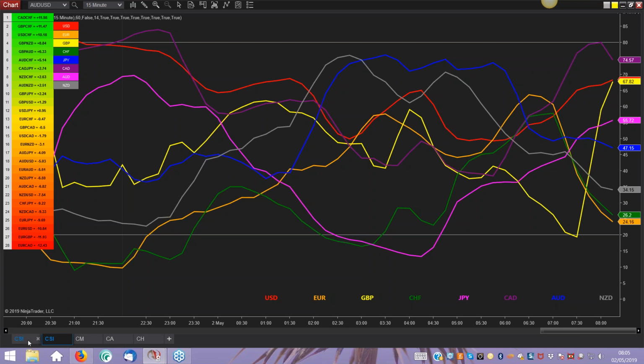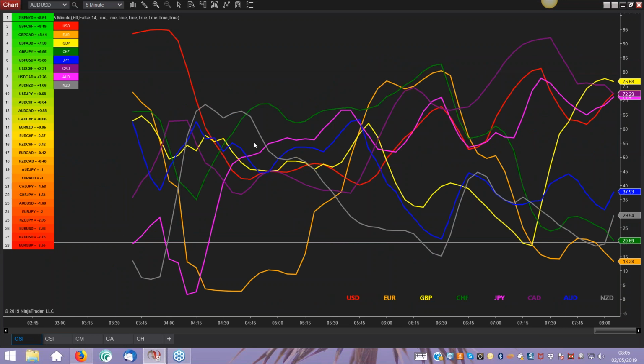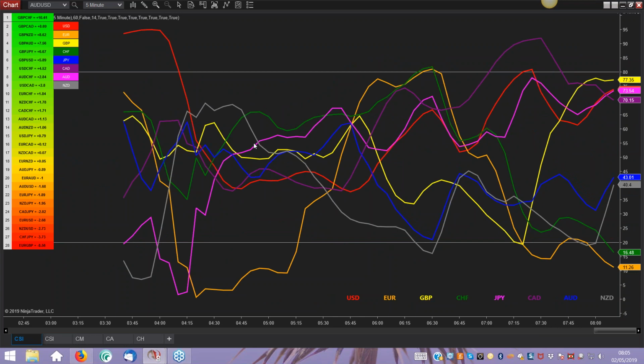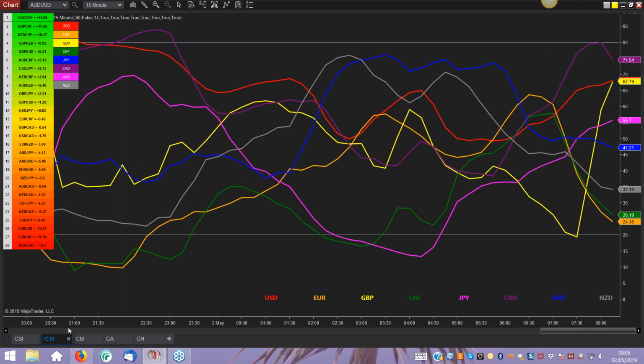And what you're looking for all the time is this follow through. So if we're seeing a change in sentiment on a fast time frame, a 1 minute, 5 minute, whatever it is, if that then ripples through this buying that you can now see coming into the commodity currencies, or certainly the Aussie and the New Zealand yen at any rate, not so much the Canadian dollar up here, but in terms of buying here, if this buying is going to follow through into the slower time frames, then you want to see this continue on 5, and then if we roll over onto 15, if it's going to carry through into 15, then it's going to kick up on 15.